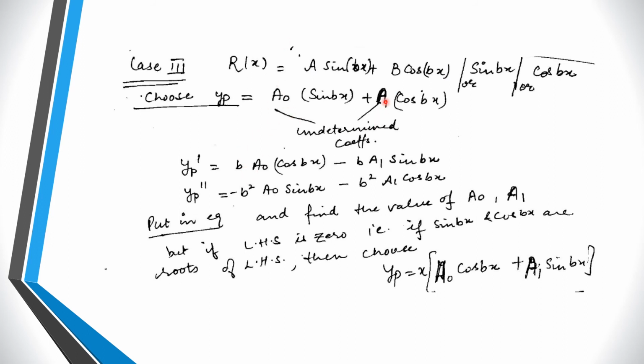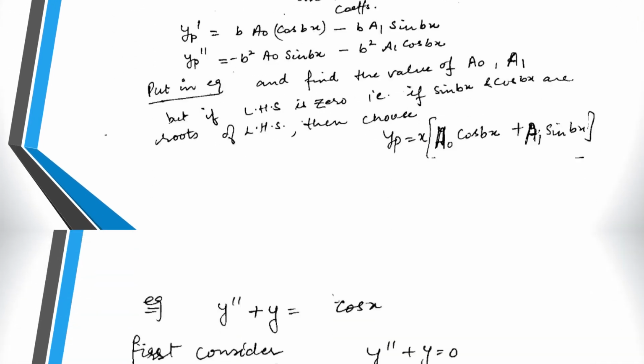So in that case you choose yp to be x times this yp. Again you find yp dash, yp double dash, substitute in the main equation, and comparing both sides you will have the values of a0 and a1.